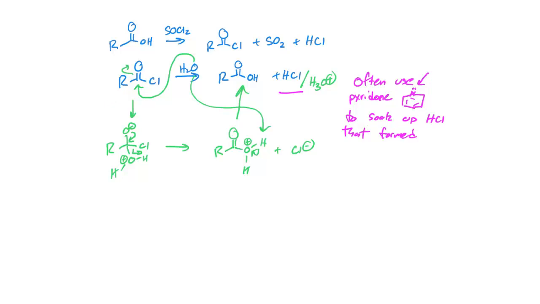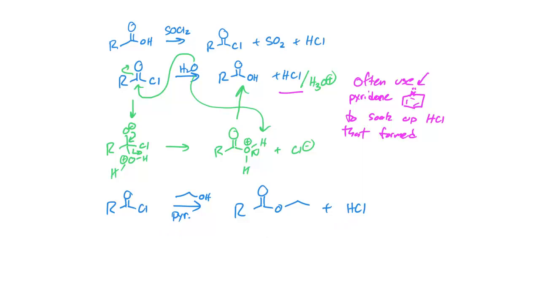And we can also react acid chlorides with alcohols in the same manner as we saw with water. I'll put pyridine down below there, and it's the same mechanism as with water, so I'm not going to go through that. Final proton transfer step gives us the ester and HCl, and again HCl reacts with the pyridine.